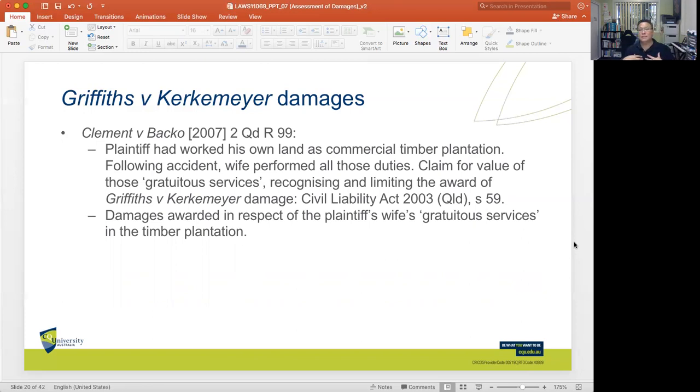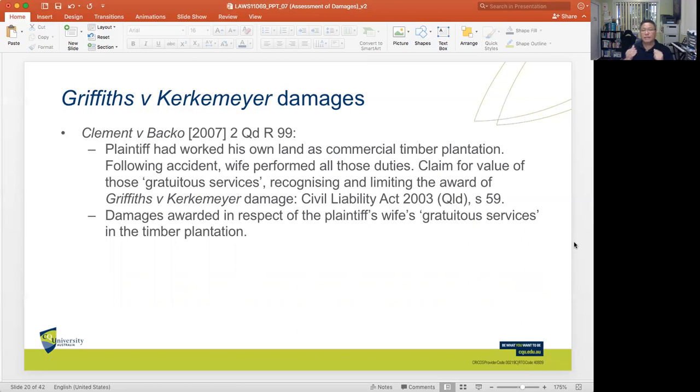injured. So the question was, since the wife is now performing these duties and they are free because she is not getting paid, would the limitations under Section 59 of the Civil Liability Act apply?